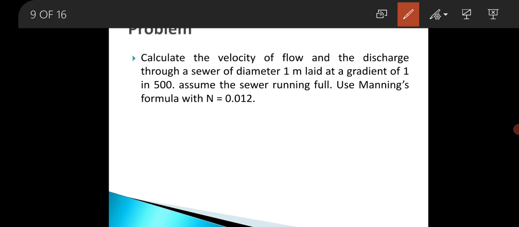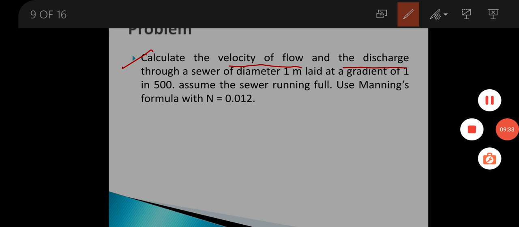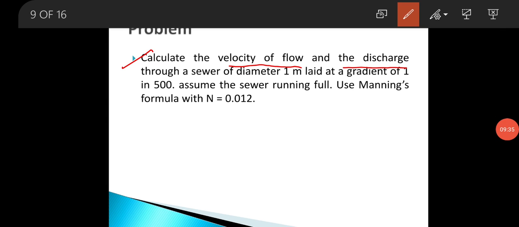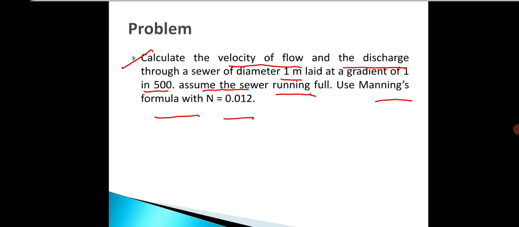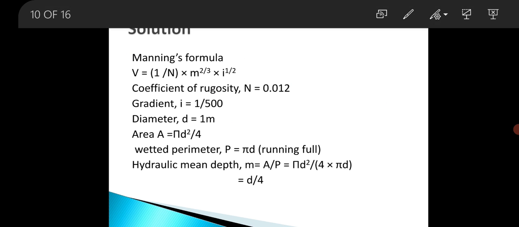The question is, calculate the velocity of flow and the discharge through a sewer of diameter 1 meter laid at a gradient of 1 in 500, and assume that the sewer is running full, and use Manning's formula with N equals 0.012.